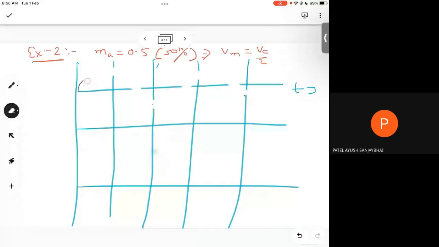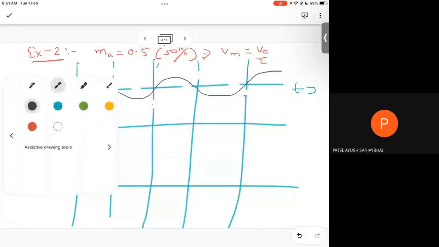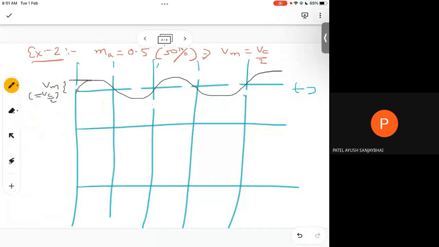Because Vm is small, I will make it very small here. So this is Vm, which in this case is equal to Vc by 2. Okay. And how will my carrier wave look? Carrier wave will remain the same. That is double of this Vm.